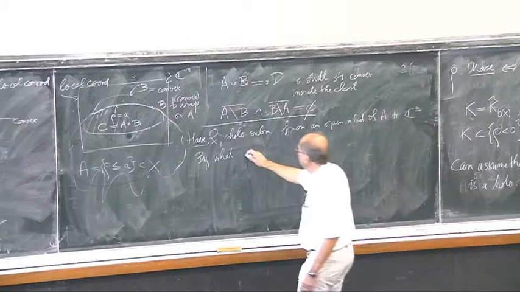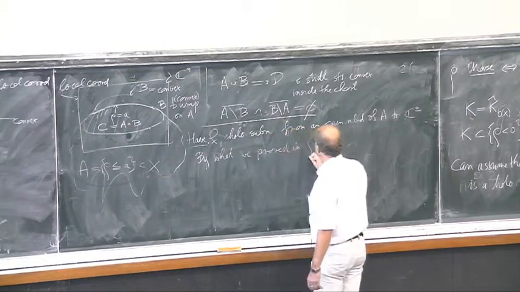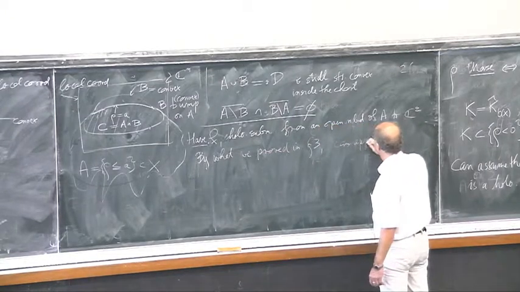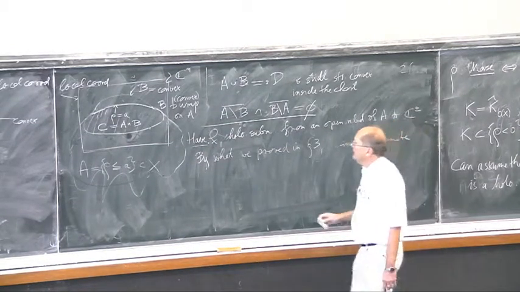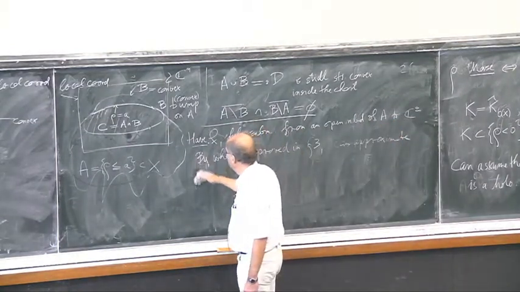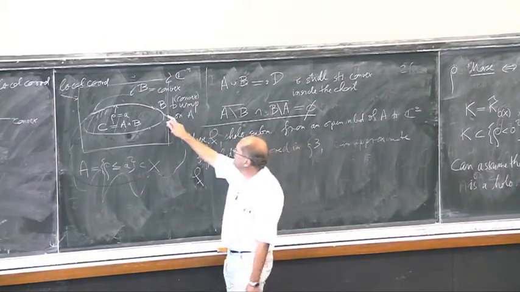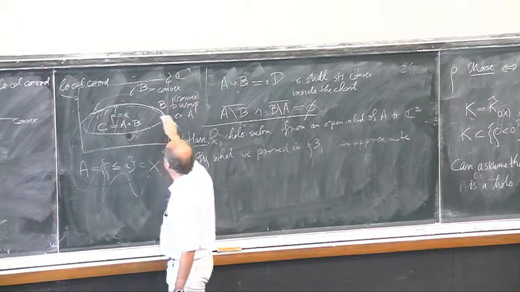So by what we proved in section 3, we can approximate F restricted to, of course, A intersected with this.